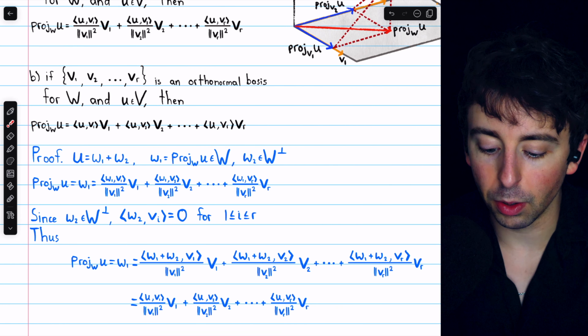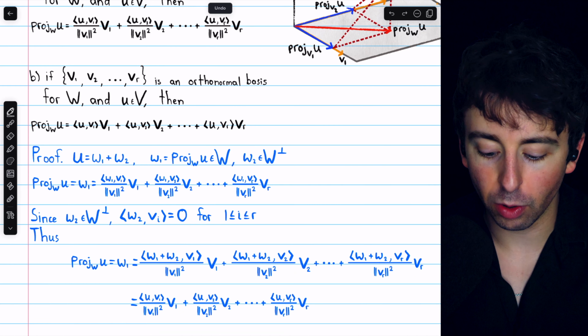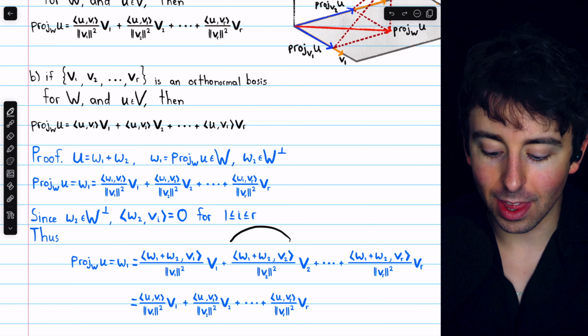So that term we've added actually has not added anything at all. The same logic would apply to each term. This inner product here, we could split it up into w1 with v2, just like we had before, and w2 with v2, which we know to be 0. Again, that's because w2 is from the orthogonal complement of W, hence it's orthogonal to every vector in W.